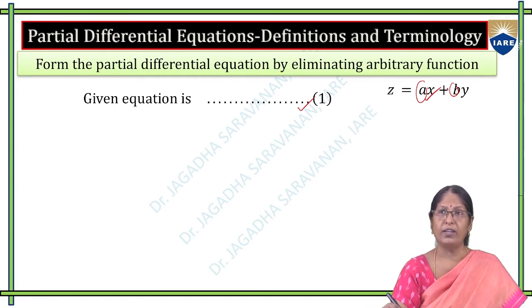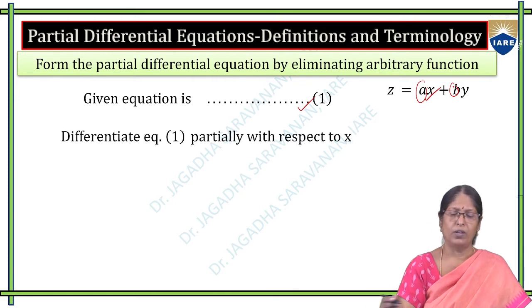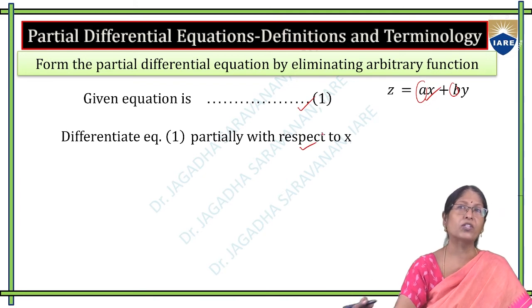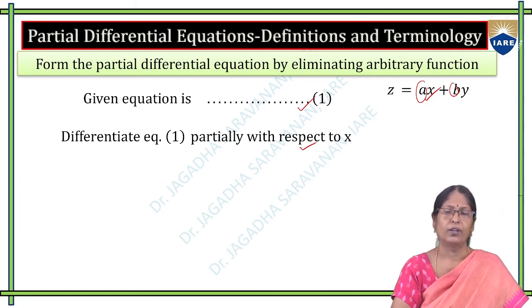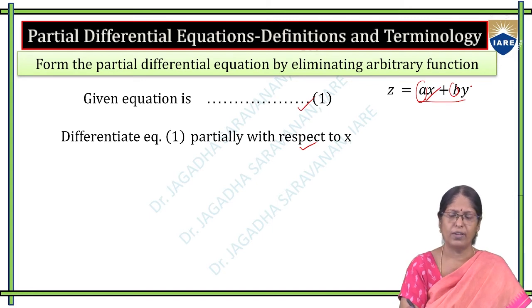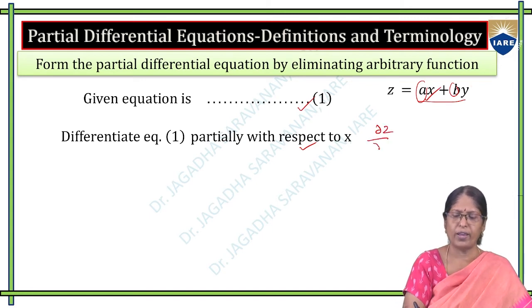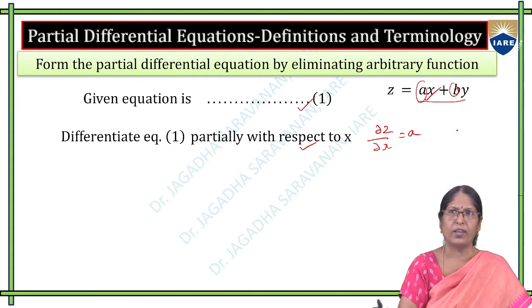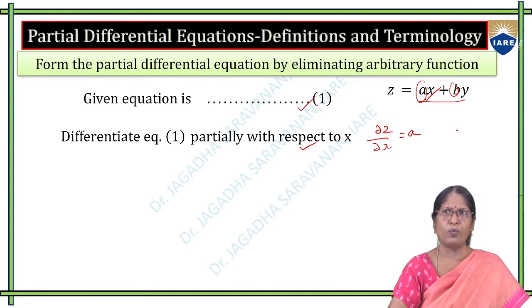But finally, the constants A and B should not be there. First, with respect to x we are doing. So if you do it here with respect to x, we know the result. That is dou z by dou x, which is equal to A. The terminology we have to understand.